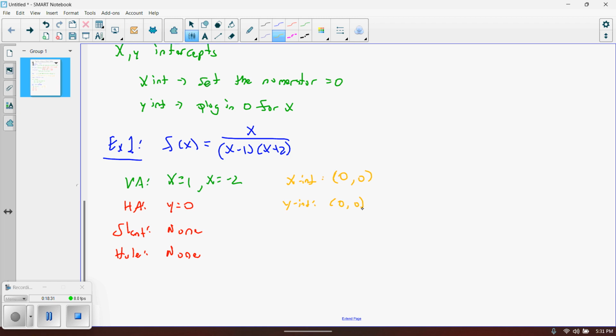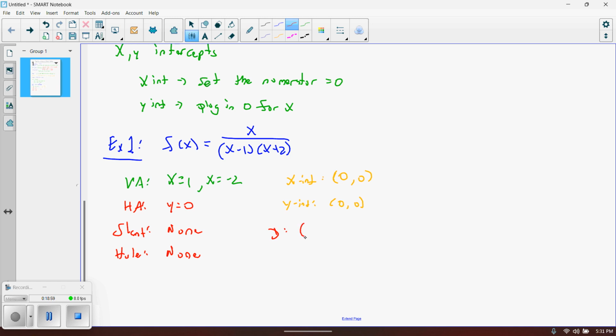And then the last thing we have to talk about is domain and range. So domain, the easiest way to look at domain is to figure out, okay, in this case, my vertical asymptotes are x equals 1 and x equals -2. Those are the only two values that make the denominator 0. So those are the two values that can't be included in our function. So your domain is going to be everything except for 1 and -2.